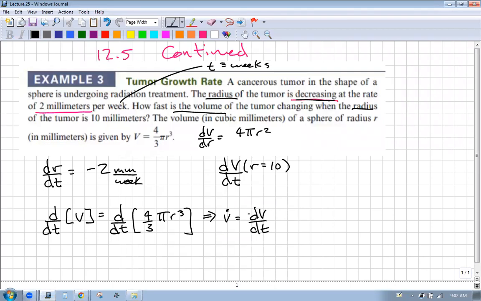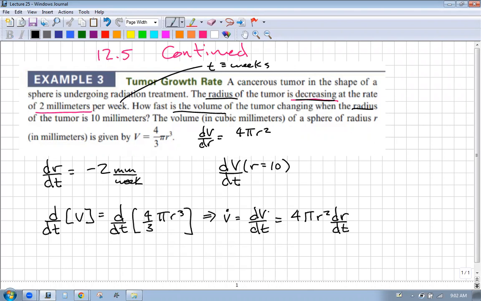Remember that dot notation I introduced, the book doesn't mention. On the other side, we have 3 times 4/3, that would be a 4 pi r squared times the derivative of r with respect to time. This is a chain rule. Okay.